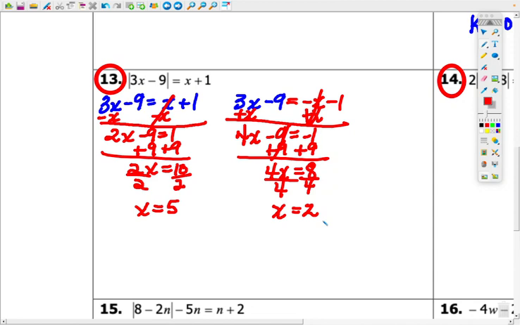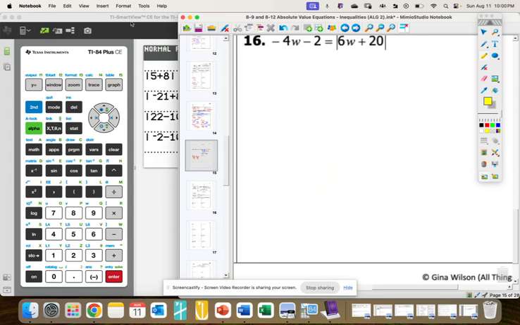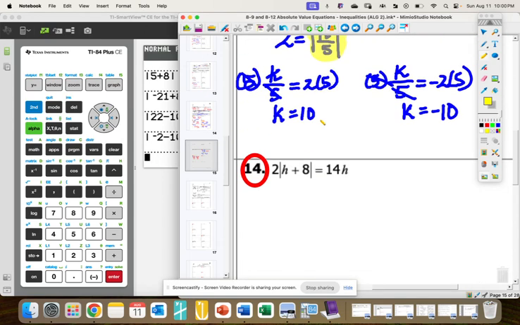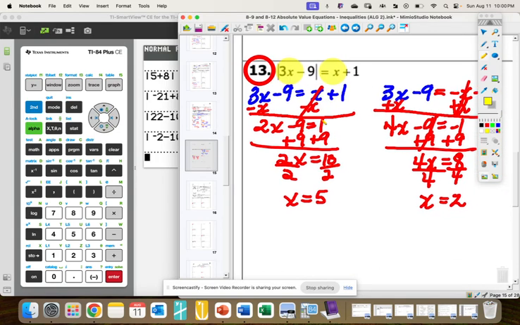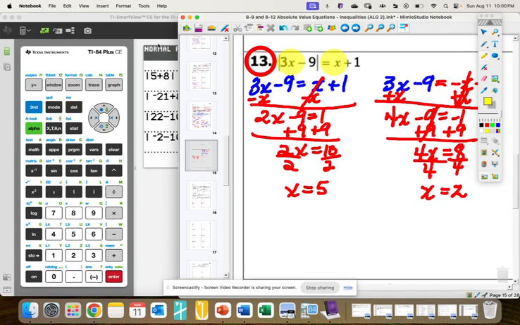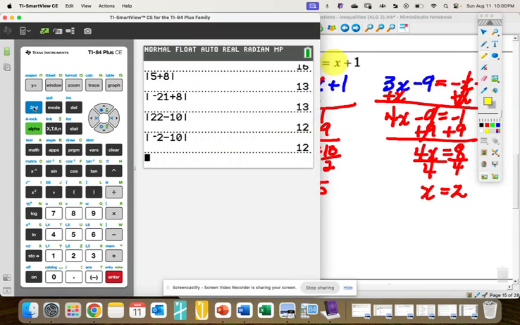Now when we check for our extraneous solutions, we're going to take them one at a time again. But we're going to have to substitute the x here and here, and make sure that both of the numbers we get on both sides are the same. So let's do that. Start first with the 3x minus 9 in the absolute value bars.